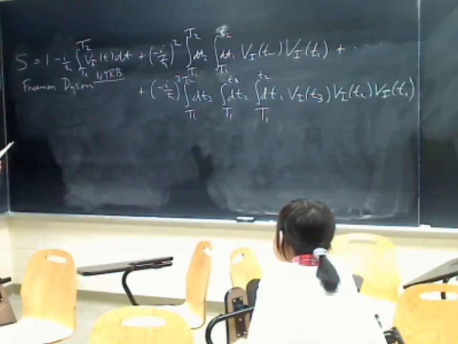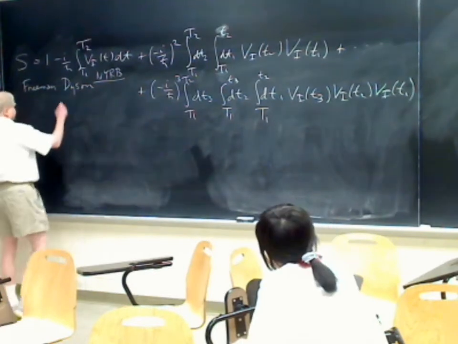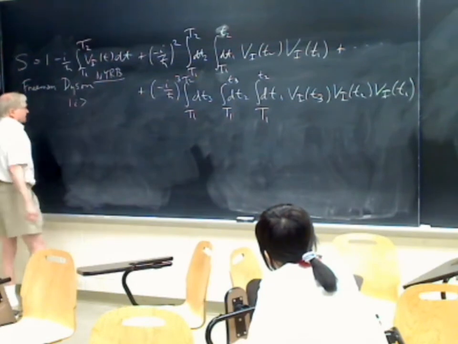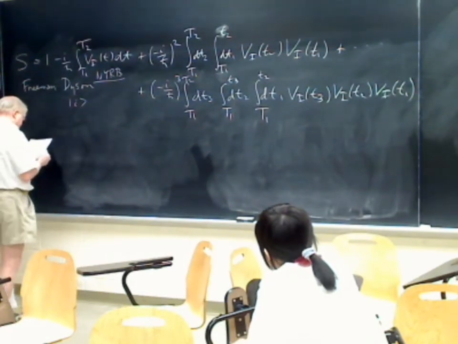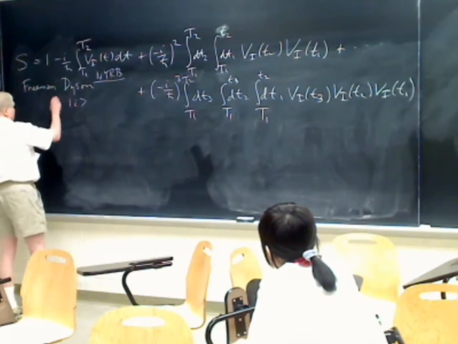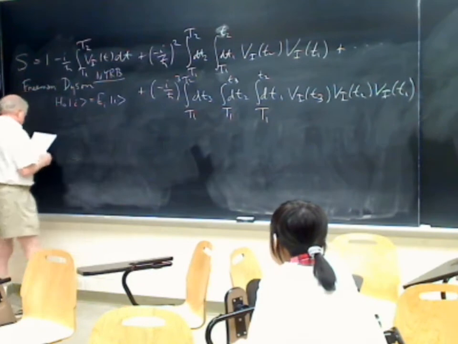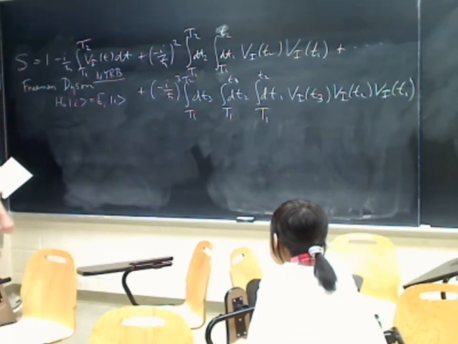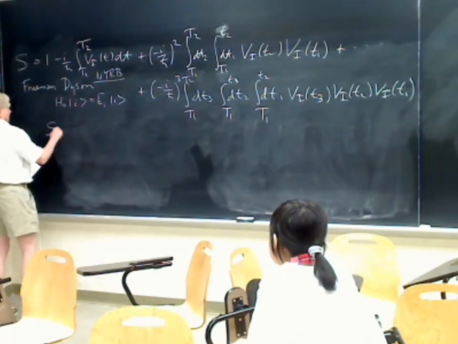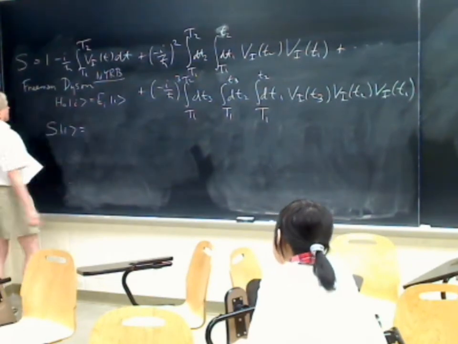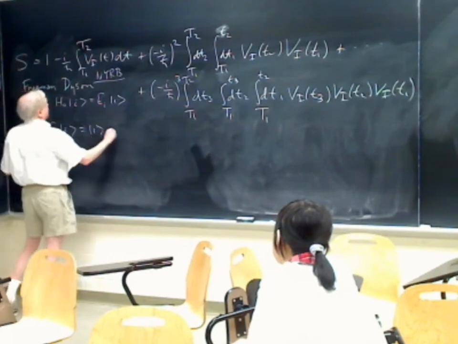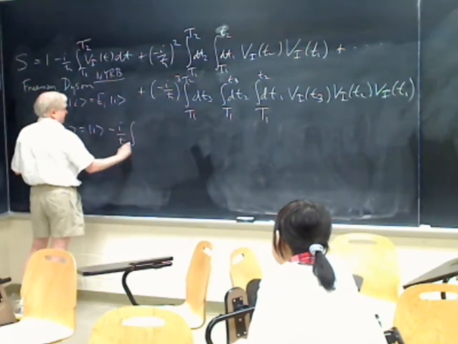Okay, well let's just look at the very first term of this and imagine that we start with a state I, which will be an eigenstate of H0 with an energy EI. And we look at, well, what happens to that when you hit it with this S operator? S on I. Well, it's going to be I minus I over H bar integral.